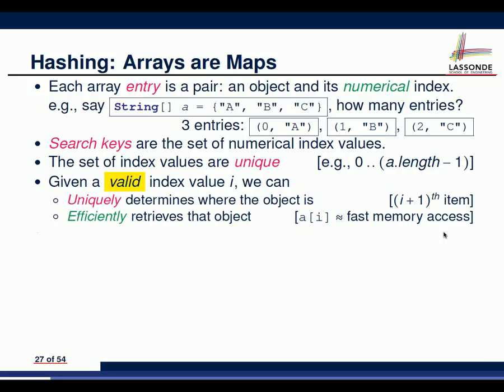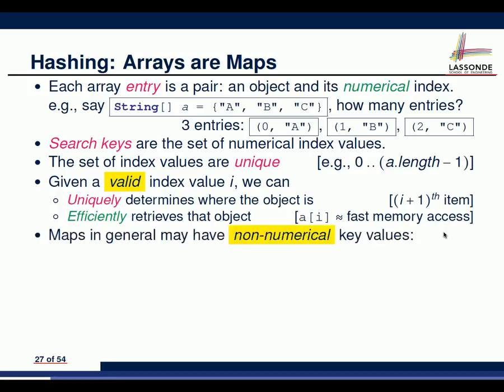In the case of the array, the keys are simply numbers, but they don't have to be numbers. They can be any types, okay? For example, let's say your student ID can be the key, right? Given your student ID, maybe it's a string, I can get your student record object, right? Similarly, given a social security number, that also can be a key, right? No two persons have the same social security number.